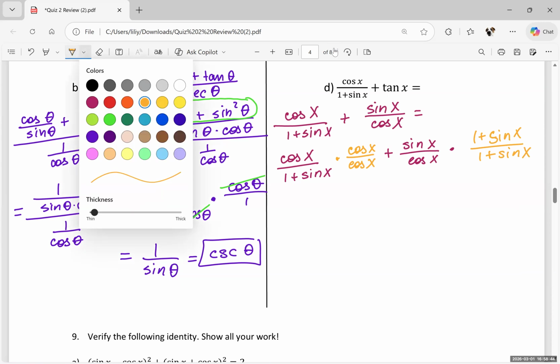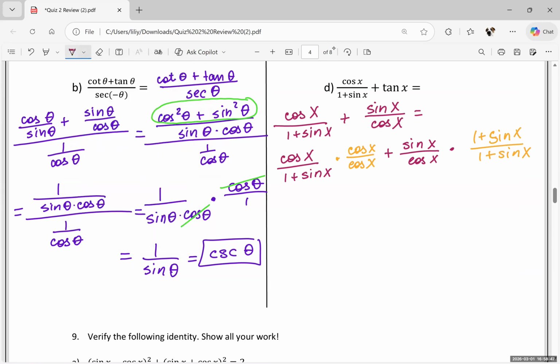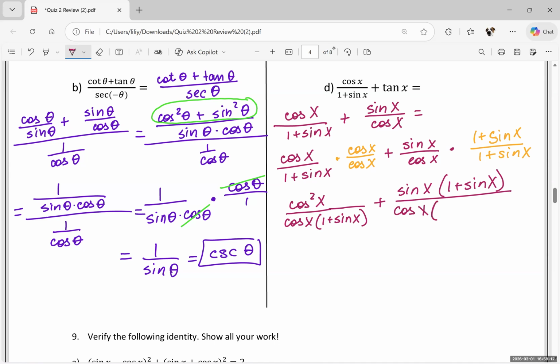So here's what you're going to get. Cosine x times cosine x is cosine squared x divided by cosine x times 1 plus sine x, plus sine x times 1 plus sine x divided by cosine x times 1 plus sine x.